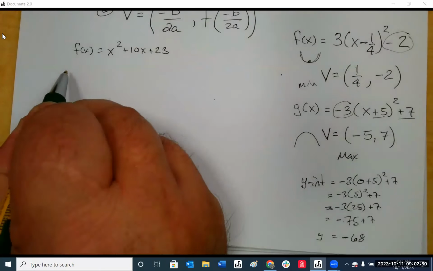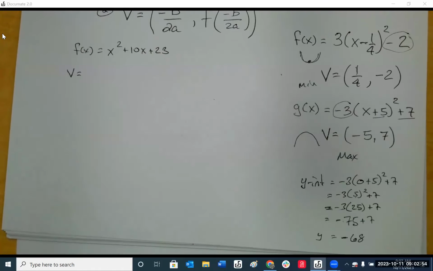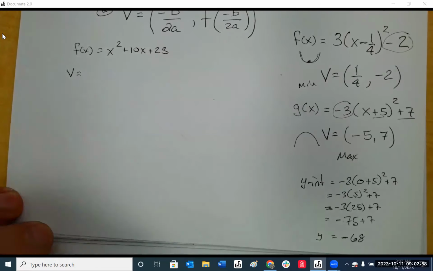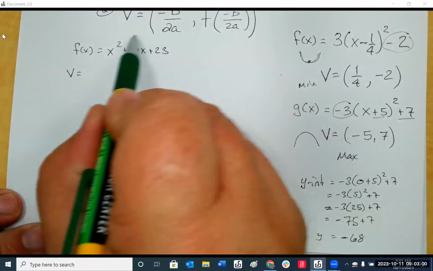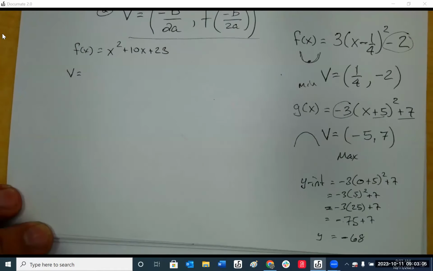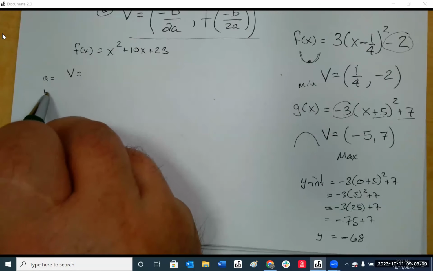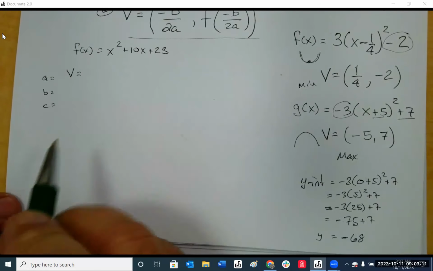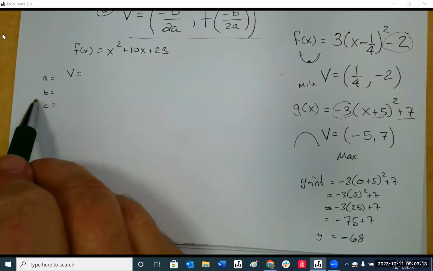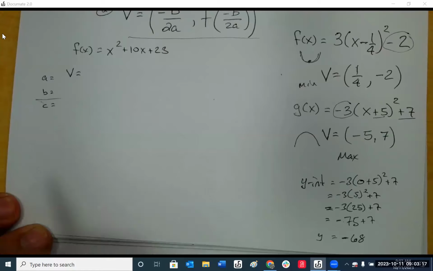So what's the vertex of this one? To find the vertex, you have to use this formula. We have to label A, B, and C. Really just A and B because that's all they have in the function. What is A?